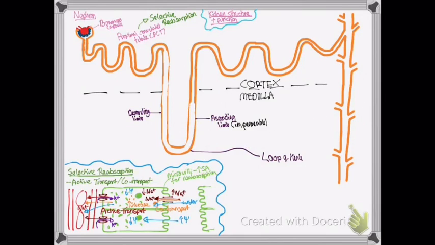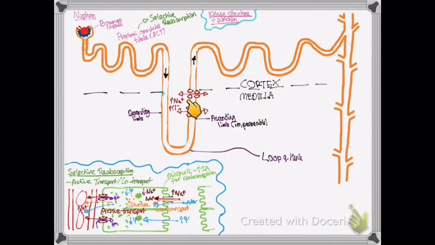So the ascending limb is impermeable to water, and in the ascending limb, sodium and chloride ions are actively pumped out through pumps. So this is an active process, it requires ATP. They're actively pumped out of the tubule into the medulla.